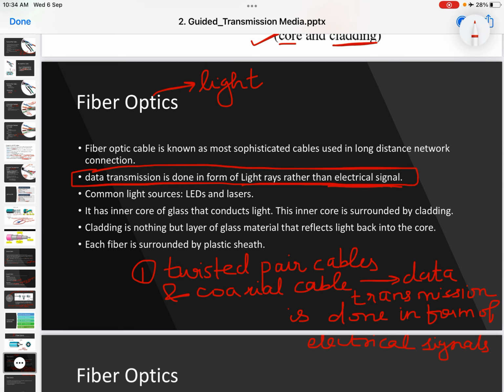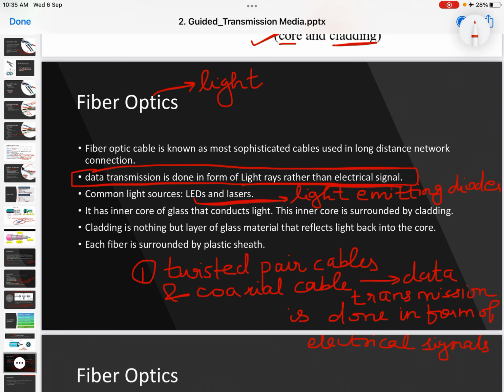Common light sources are LEDs and lasers. LEDs are nothing but light emitting diodes, and laser light. It has an inner core of glass that conducts light. The inner core is surrounded by cladding.